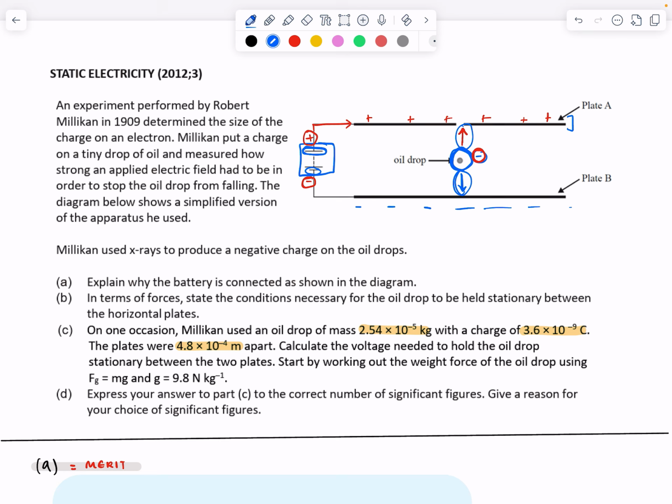This is only possible with this arrangement of the experiment. If we had the positive plate down low, the oil drop would have a force that only pulls it downwards, and it wouldn't float as it does now.